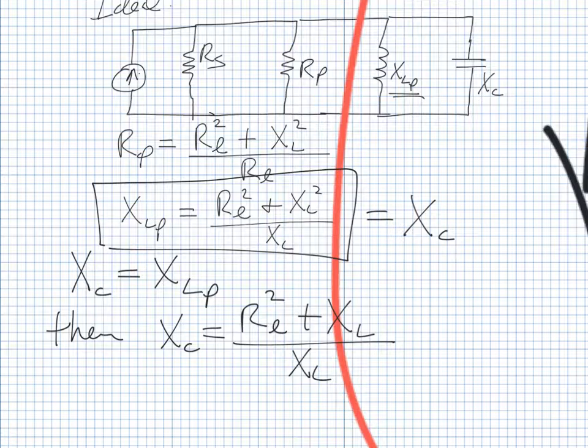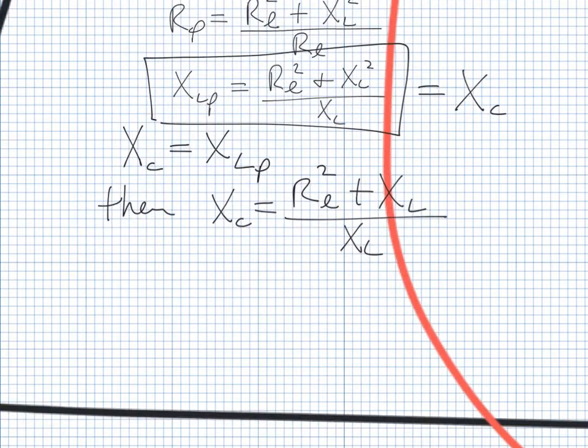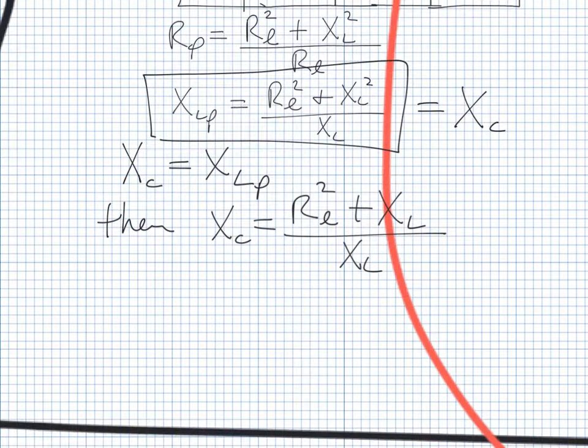Knowing that, what we would do is solve for the resonant frequency of a parallel circuit. Like we've done before, where you set XC equal to XL and solve for frequency, that's what we would be doing here.